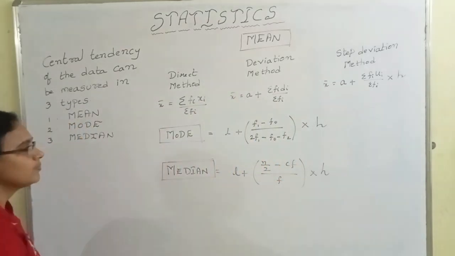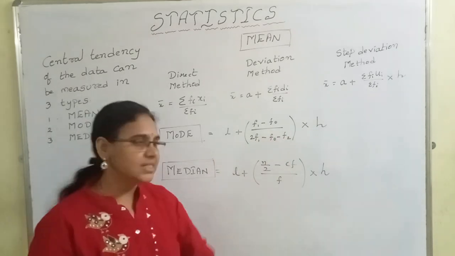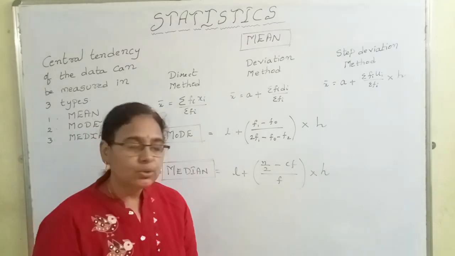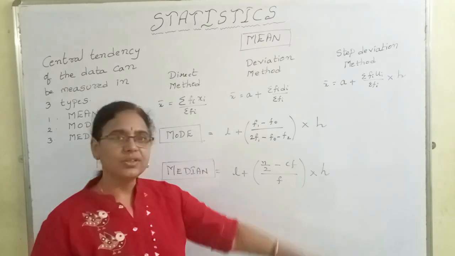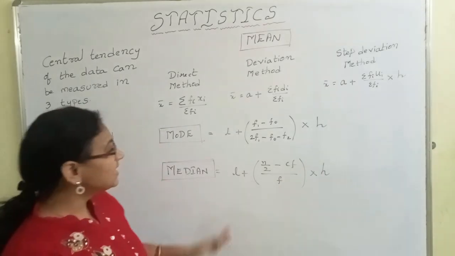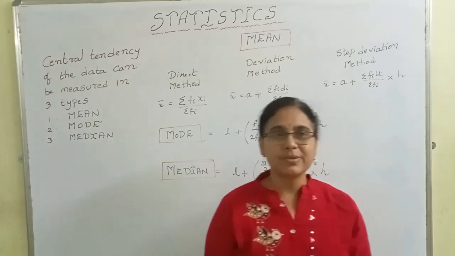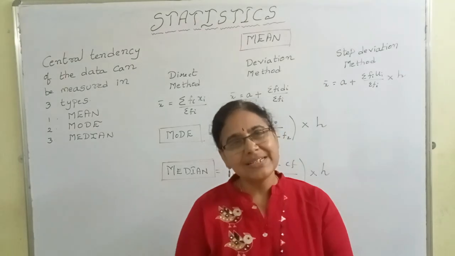Come to the mode: L plus F1 minus F0 by 2 F1 minus F0 minus F2, into H. Median: L plus N by 2 minus CF by F, into H. Seeing these formulas, you may feel it is very difficult, with so many different letters and symbols like sigma.